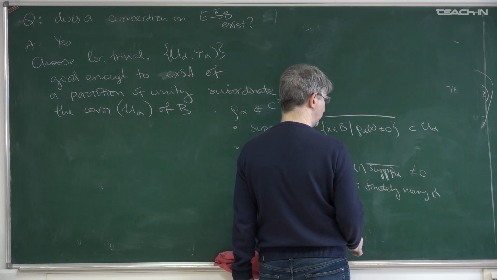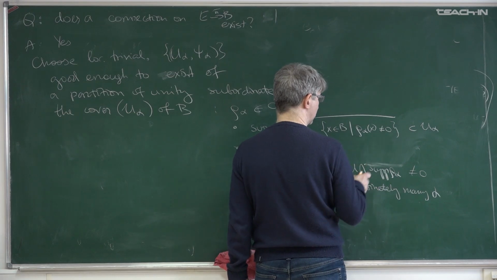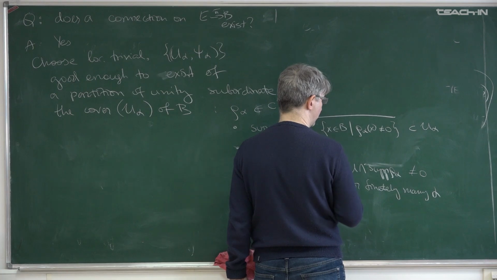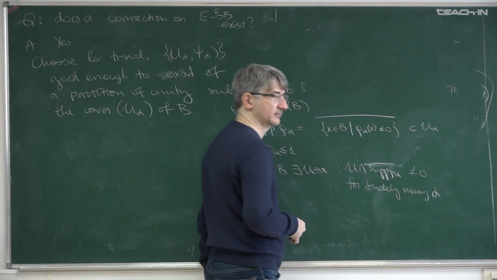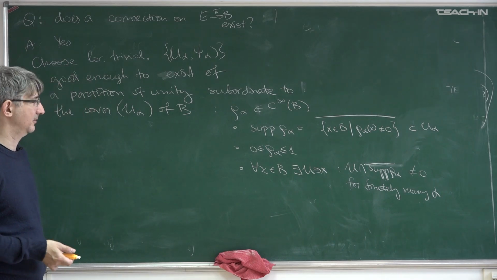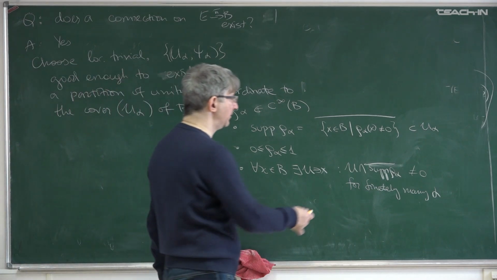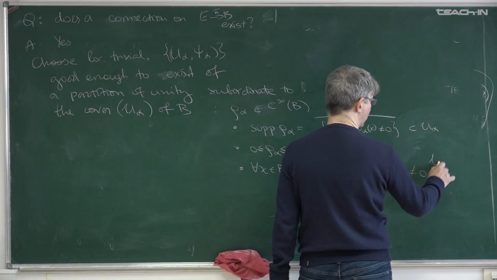Why did I write a closure here? Maybe it's not necessary. No, I want a closure. Where do you take it? In B, in the base manifold. People sometimes write it in a more rigid way.